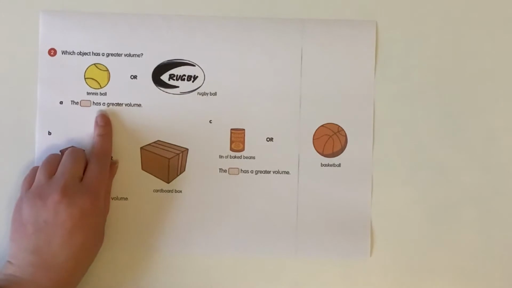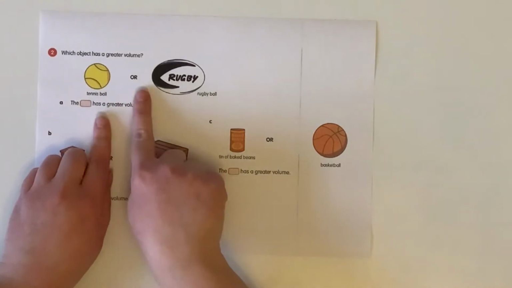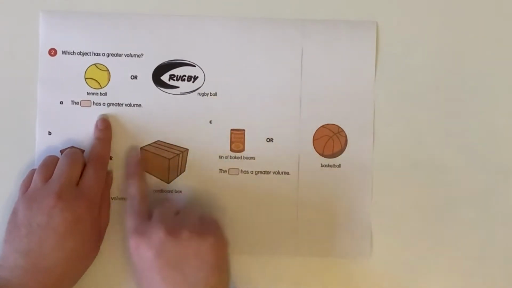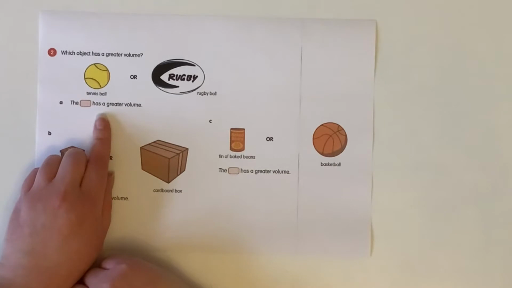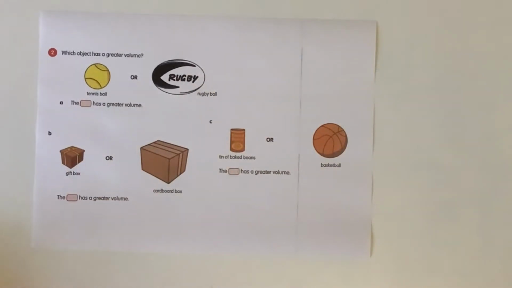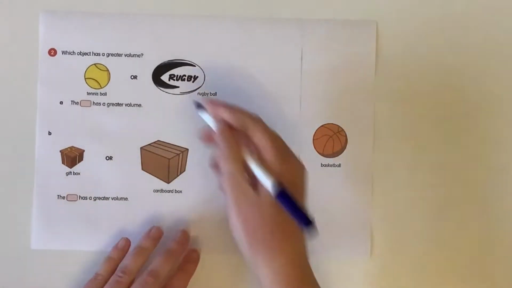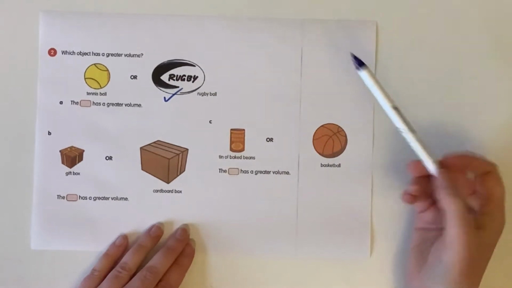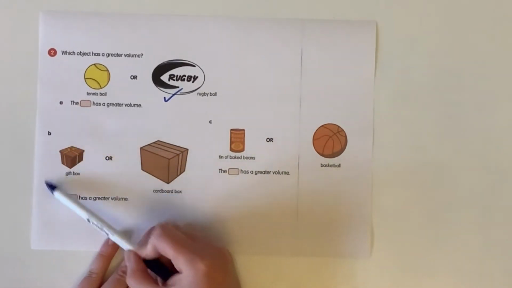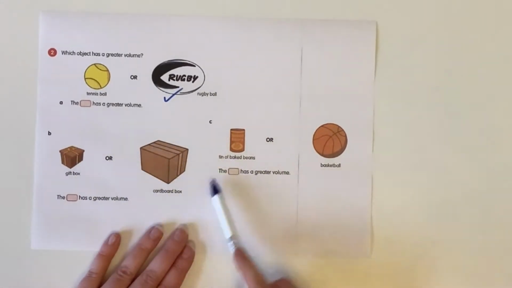So the first one for 2A, we've got a tennis ball or a rugby ball. Which has a greater volume? The rugby ball has the greatest volume. This one here, we've got this gift box or this cardboard box.